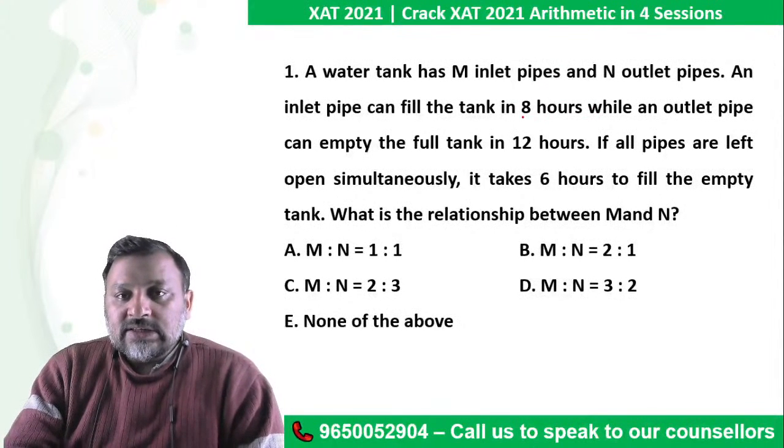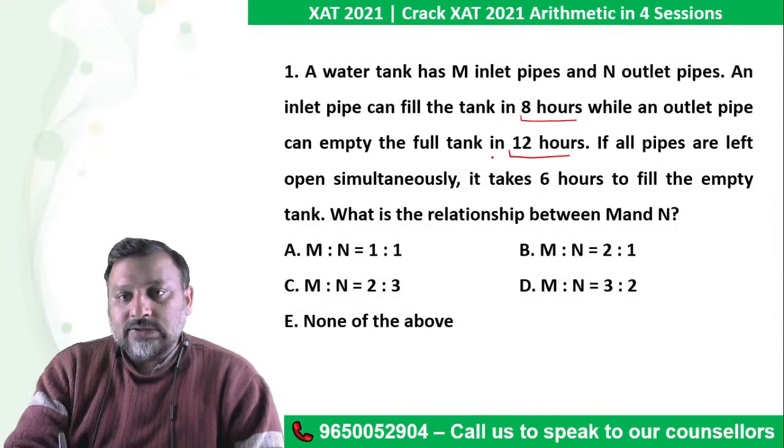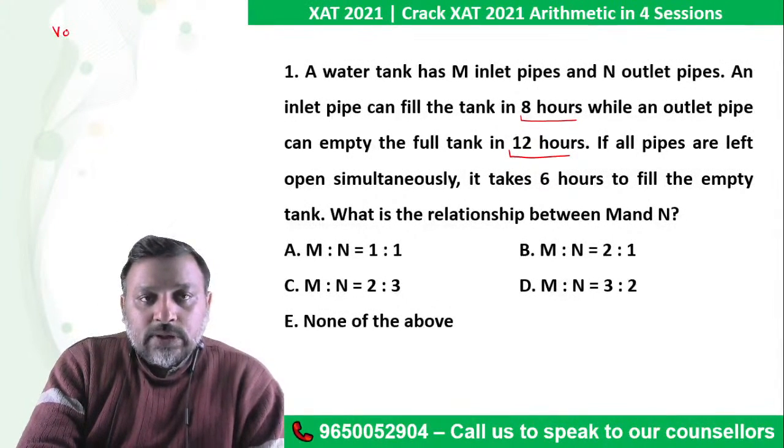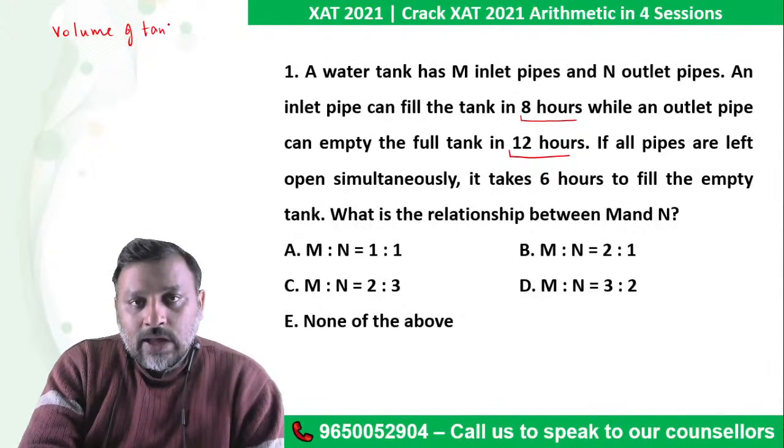See, it is given an inlet pipe can fill the tank in 8 hours, while an outlet can empty it in 12 hours. So if I assume the volume of the tank as the LCM of 8 and 12, that is 24 units.